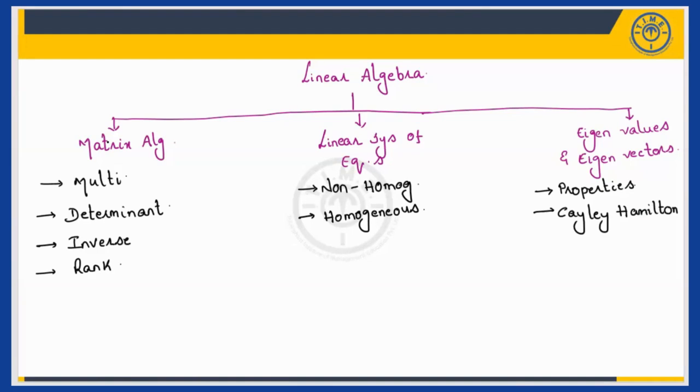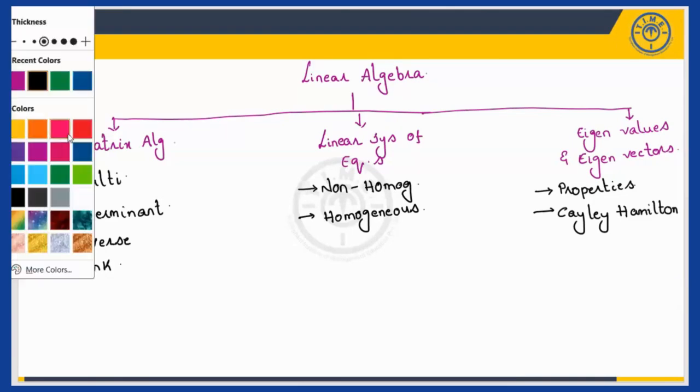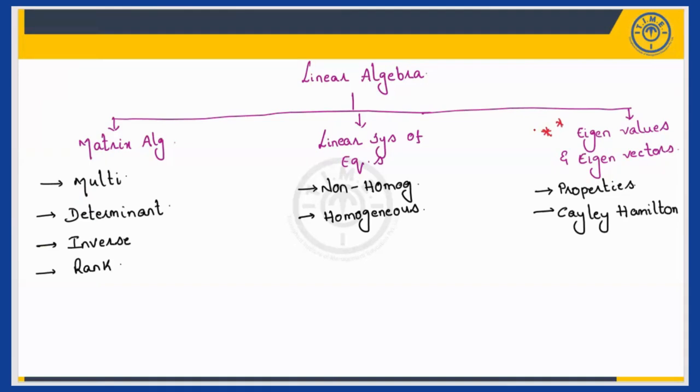Right. So these are the topics that we have. And if you ask me, the main topic is eigenvalues and eigenvectors. Okay. And if you are from mechanical, then no doubt there will be a question in linear system of equations. And if you are from civil, then you can expect a question on rank of a matrix. And eigenvalues and eigenvectors is common for each and every one.